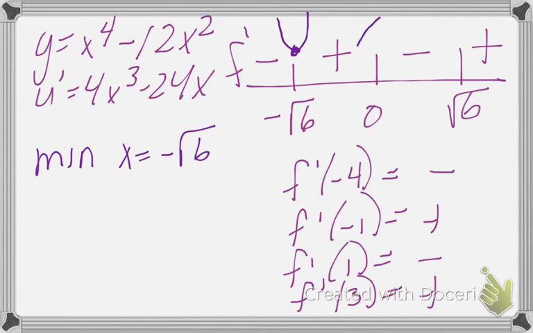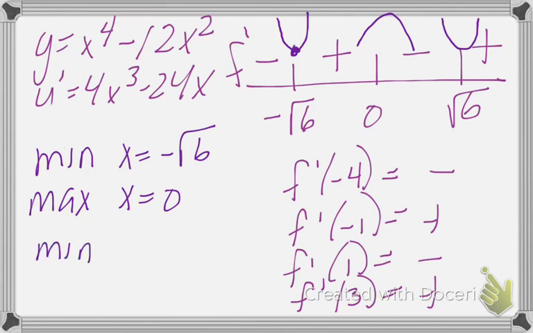I was positive and then I was negative, so there's a max at x equals 0. And I was negative and then positive, so there's a min at x equals radical 6. Okay, so that's how you would do it if there is a wiggle graph. I'm going to go to the next screen.